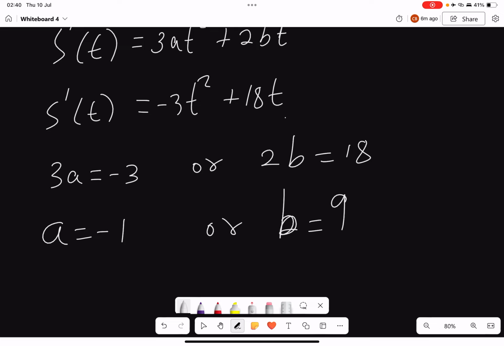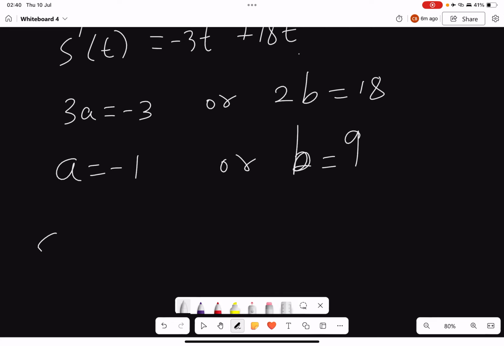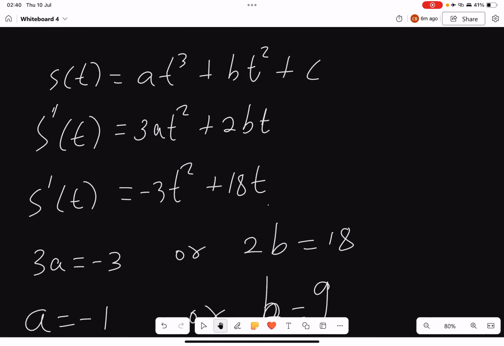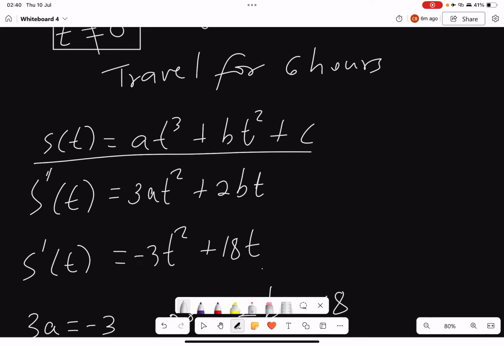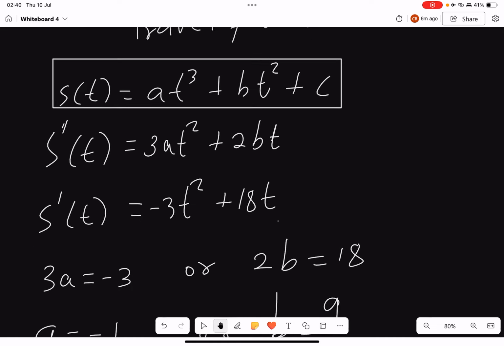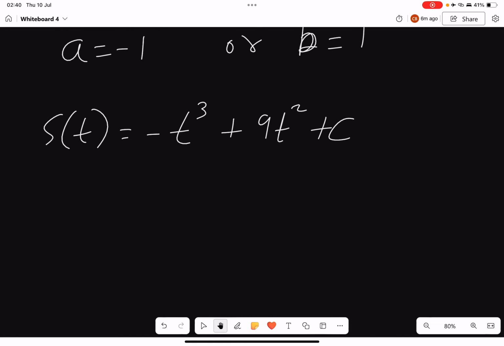So substituting this back, we can see that the distance traveled can be modeled by negative t cubed plus 9t squared plus c. I'm just substituting this back to here. All right. And then from there, we know that at t equals 0, s at 0 will be equal to 0.